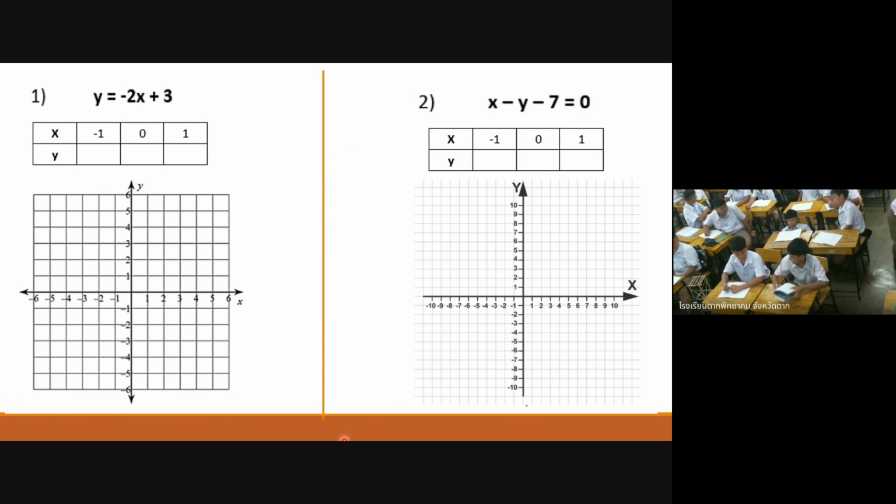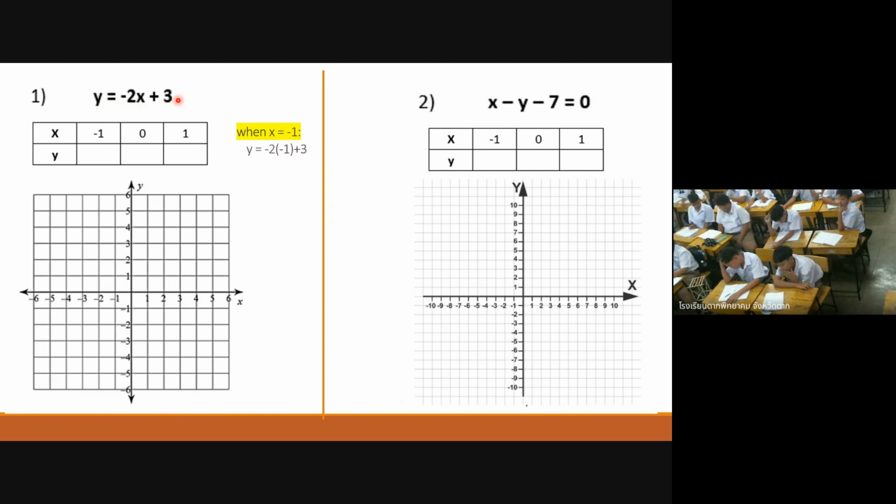Okay, let's answer this. Everyone, read this. What's the value of y when x is negative 1?